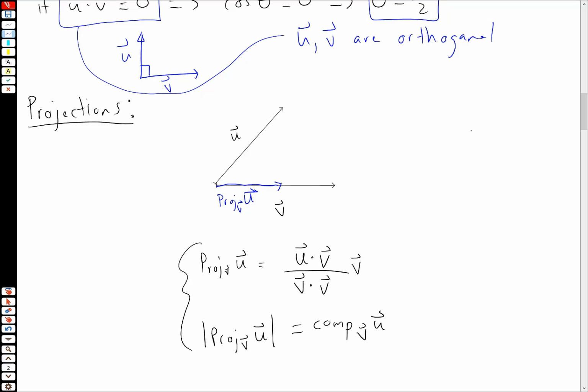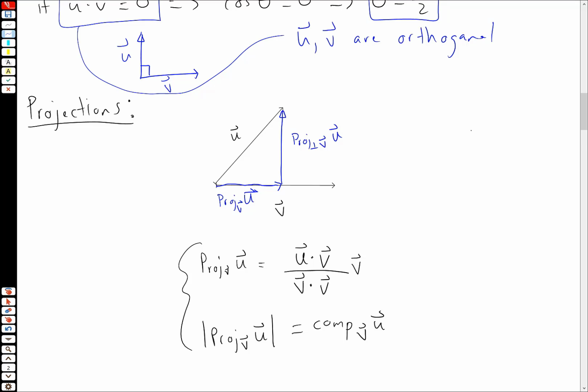And then this vector here, if we want to make a right triangle that goes up to u, we call this the orthogonal projection. I think your book calls it this projection, and then they put a little perpendicular sign. But we would call that the orthogonal projection because it's perpendicular to v.